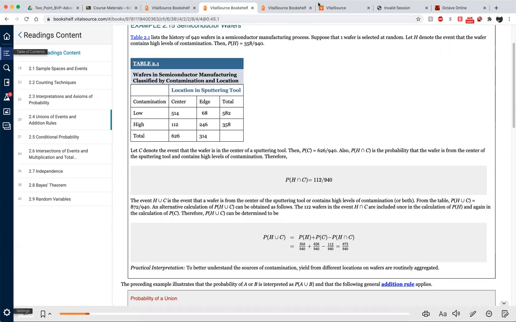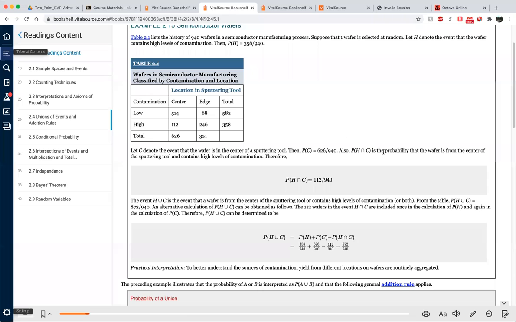Let's say this is the... never mind. Maybe using the Venn diagram makes it more complicated. Sorry about that.